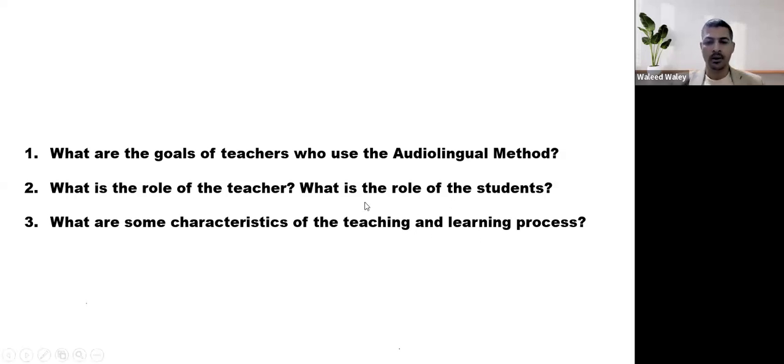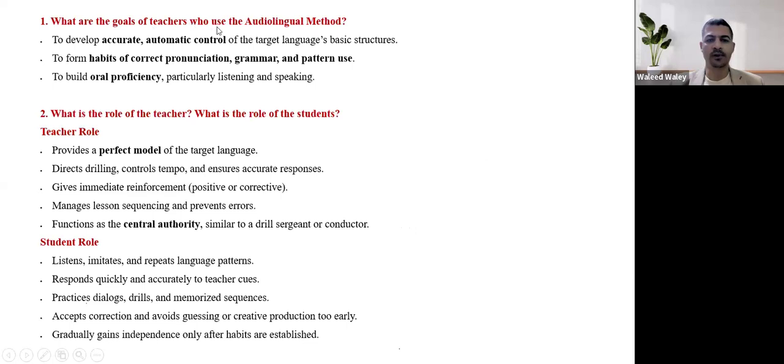Yes, but here we're talking about the grammar and vocabulary. Okay, so here, what are the goals of the teacher who uses the audiolingual method? To develop accurate and automatic control of the target language's basic structure. So they have to repeat, they have to memorize the lines.